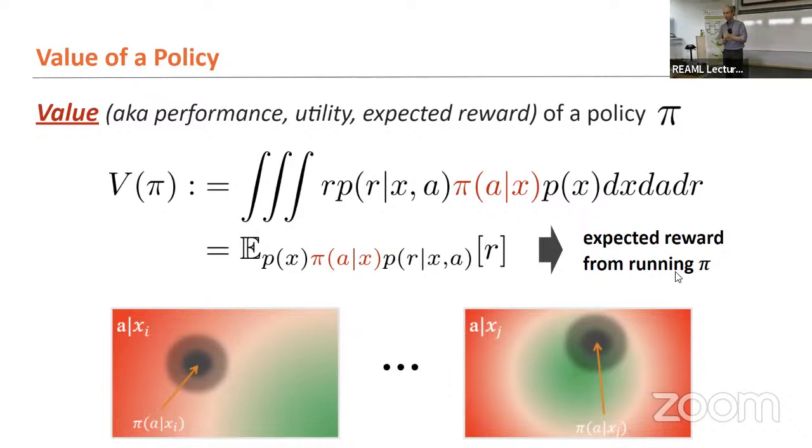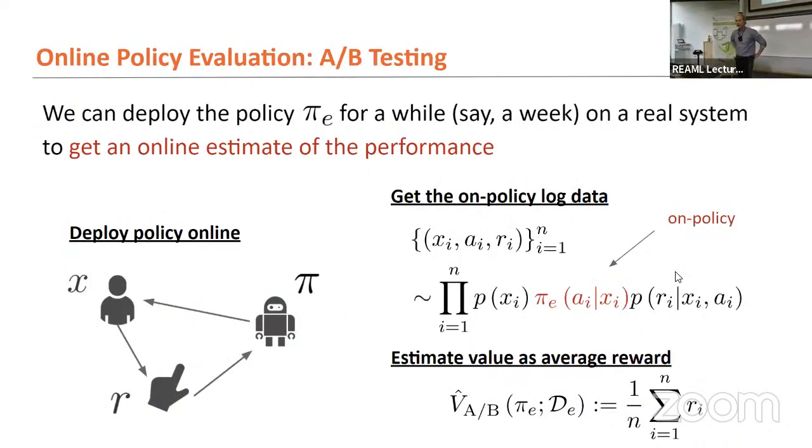Okay. So this is our goal. We want to maximize expected reward. The standard way of doing this is through an A/B test. Here's what you can do. You have some policy pi e that you want to evaluate.